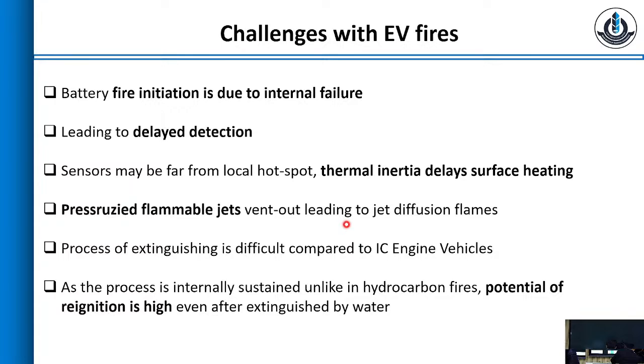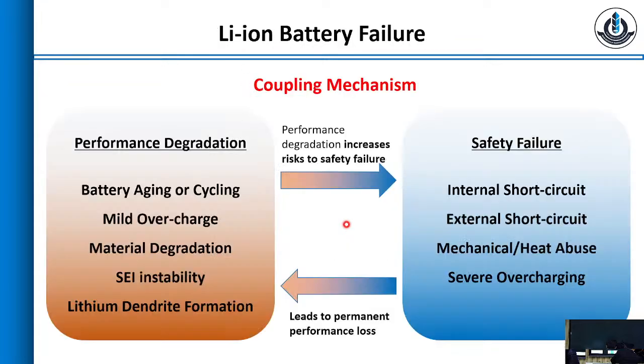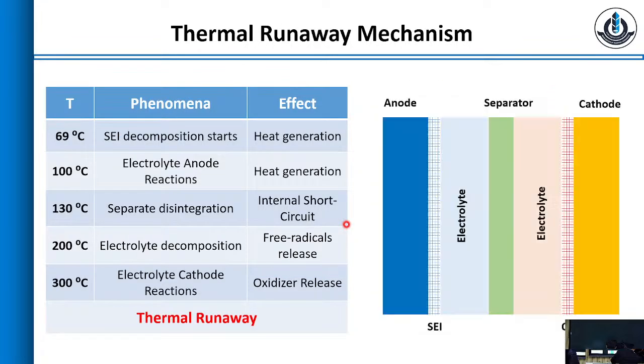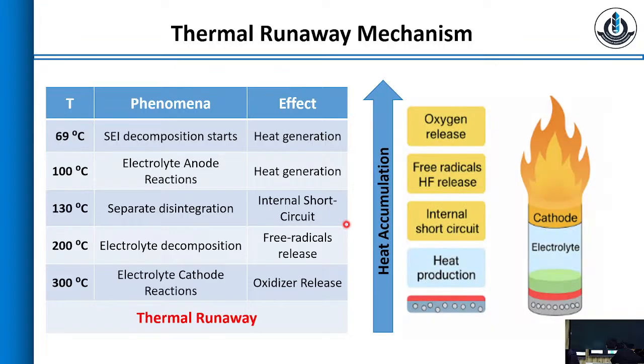Then you have pressurized flammable jets that will vent out. So what happens is as the electrolyte disintegrates and these reactions are happening, now battery is a closed sealed object, right? A cell. So as these gases are releasing, and as the temperature increases, the electrolyte also starts to vaporize, okay, liquid to vapor.